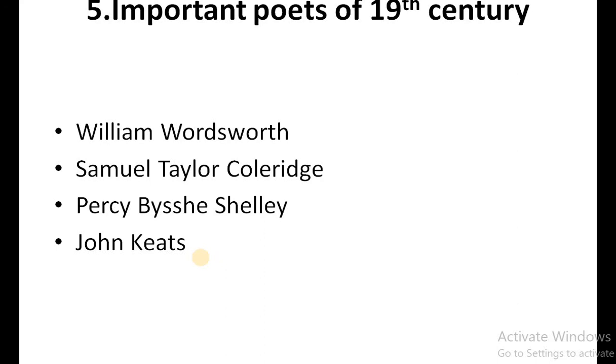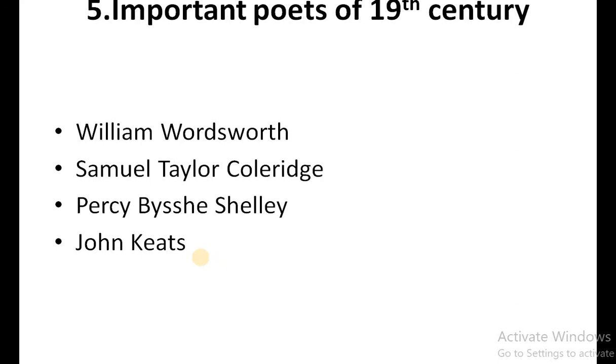To conclude our lecture, I would like to say that 19th century poetry has its own significance in the history of English literature, particularly British literature. And whenever we talk about literature, we never talk about it in seclusion, because literature is produced in conjunction with the scientific, social, political and economic developments taking place at that time.